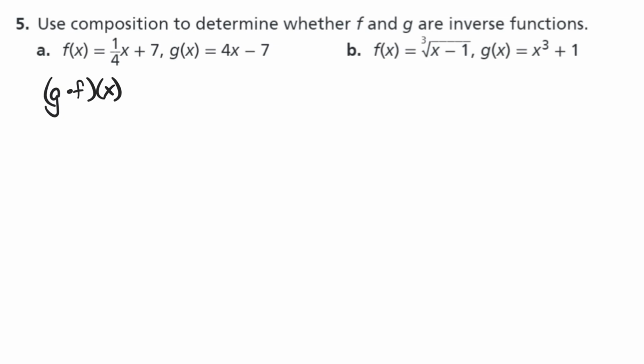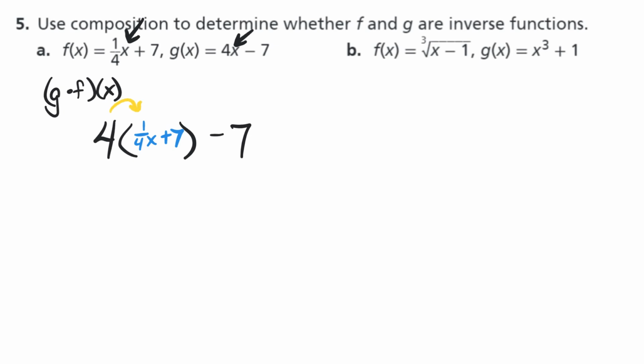Because what I noticed is on g of x, I'll distribute 4. On f of x, I distribute 1/4. I don't really want to deal with a 1/4, so I'm not going to. So I'm going to rewrite my g of x function, which is 4 times x, but I'm not going to put in x. I'm going to put a big parentheses, minus 7. In place of the x, we are going to put in the entire f of x function.